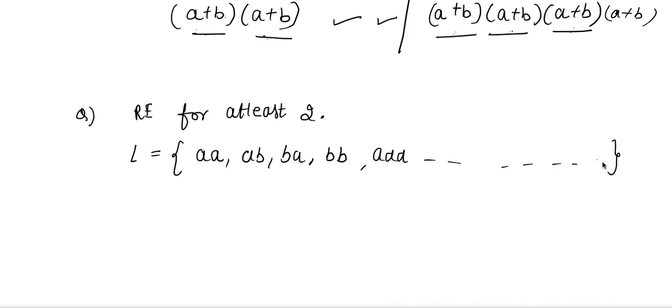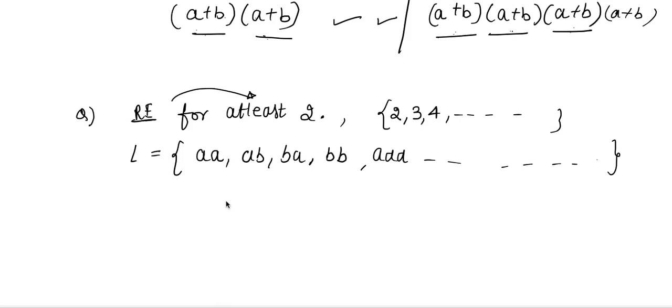So the language is infinite. We have to write the regular expression for the language in which all the strings are of length at least 2, or greater than 2. So at least 2 means the length of the string can be either 2, 3, or 4 and so on, but it should be at least 2. Got it?